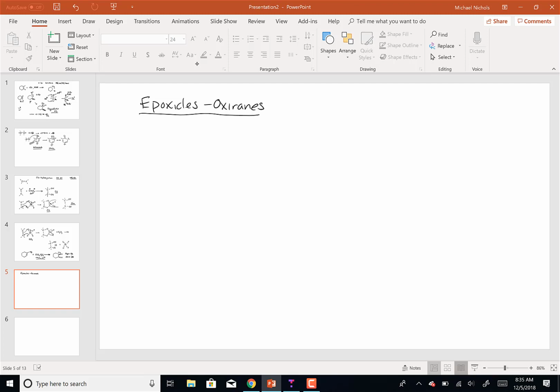Epoxide is kind of a common name for this group. They're technically called oxiranes in the IUPAC system. Here's what an epoxide is. An epoxide is a 3-membered ring that has an oxygen in it. So the oxygen is part of the 3-membered ring. And these turn out to be important intermediates.